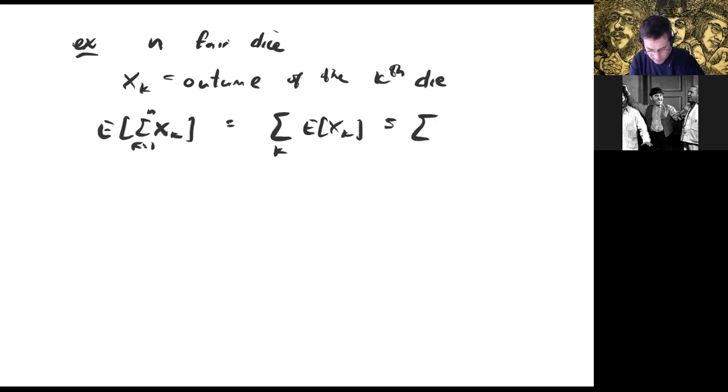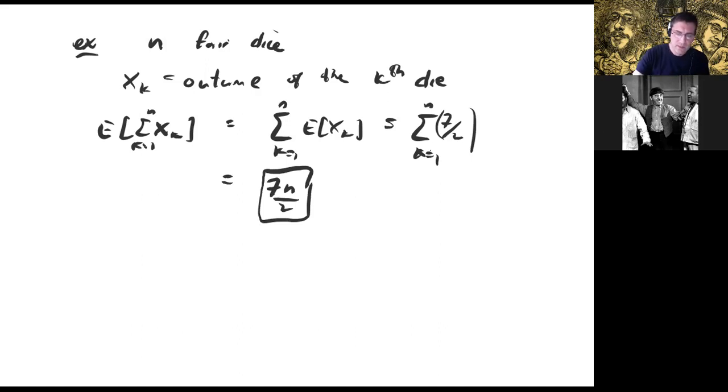What's the expected value of rolling a die? We actually computed that. It's 1 plus 2 plus 3 plus 4 plus 5 plus 6 divided by 6, we average, so we get 7 halves, it turns out. So this is, k going from 1 to n. So there are n copies of 7 halves, so it's 7n over 2 is the answer.